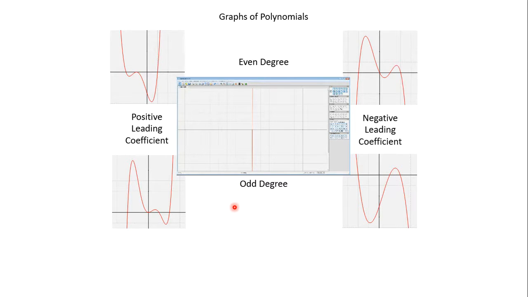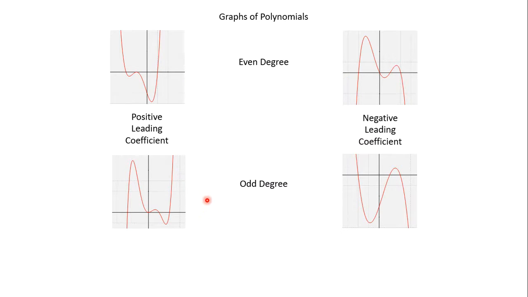Then we can talk about the end behavior. The end behavior is just what's happening at the ends. Each of these has two ends. They have an end when x gets really, really small. That's the left side. And an end when x gets really, really big. That's the right side. We're going to look at what happens to f of x, or p of x, depending on what they call it.